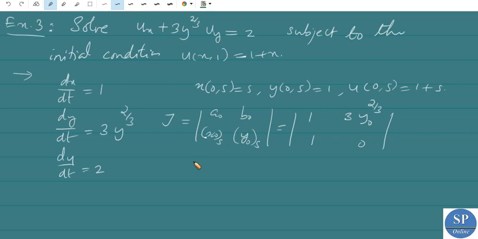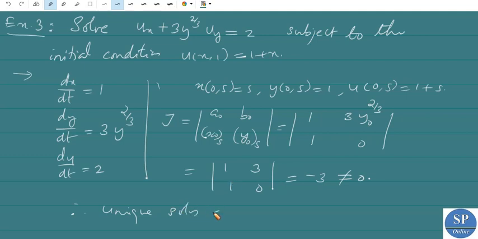So this is the determinant with rows 1, 3 and 1, 0, which equals 0 minus 3, that is minus 3, which is not equal to 0. So a unique solution exists for the Cauchy problem.